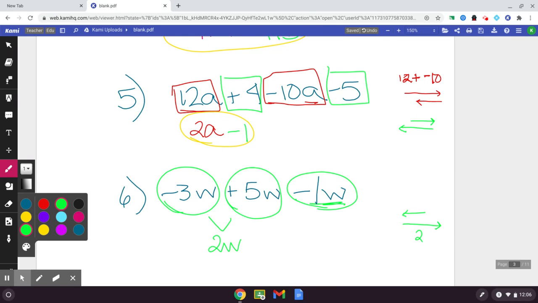Well, I'm now going to combine my two w's with this negative 1w. So I'm going to think 2 plus negative 1. I'm going to go forward 2. I'm going to go back 1. So I have a total of 1w.